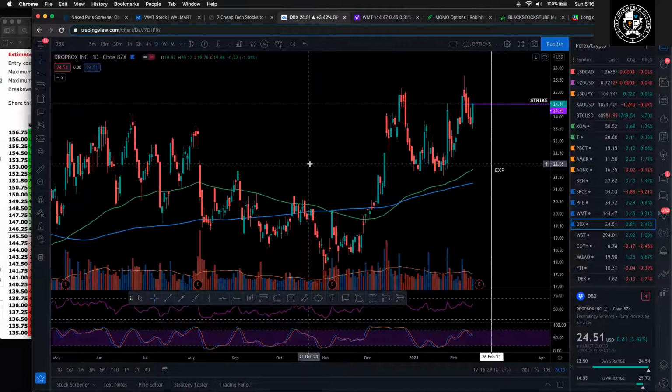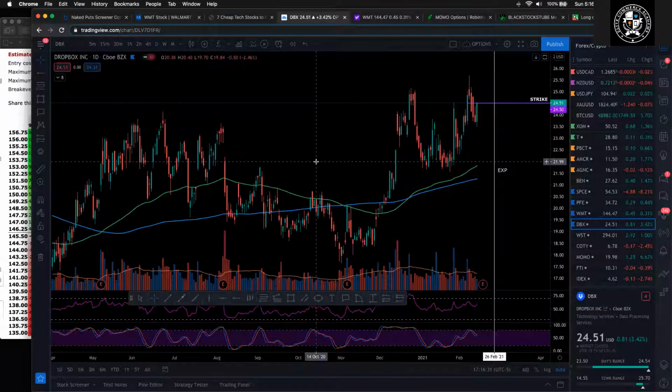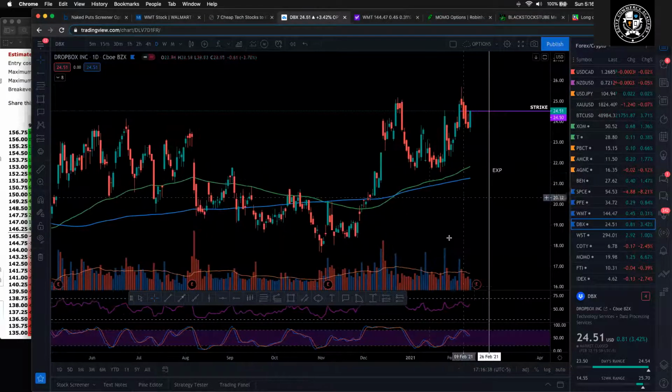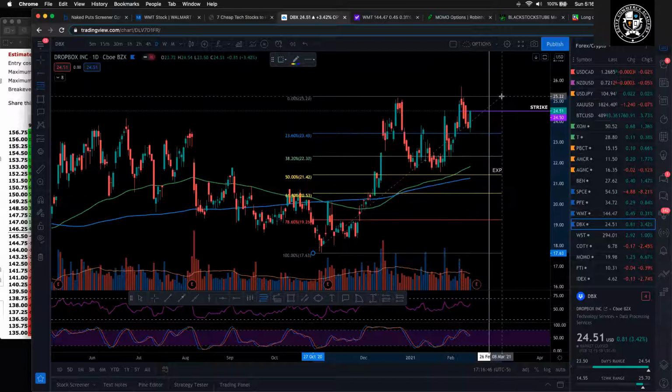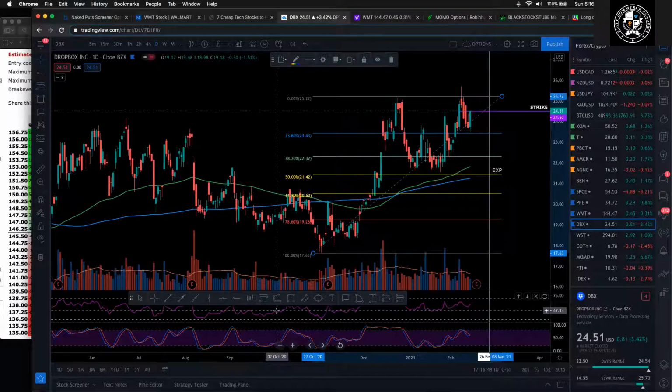Can everybody see that is a clear fit on the Fibonacci extension? Hopefully y'all can see that. We're going to go from swing low to swing high.